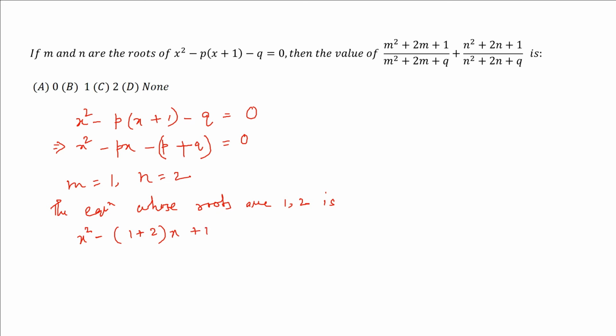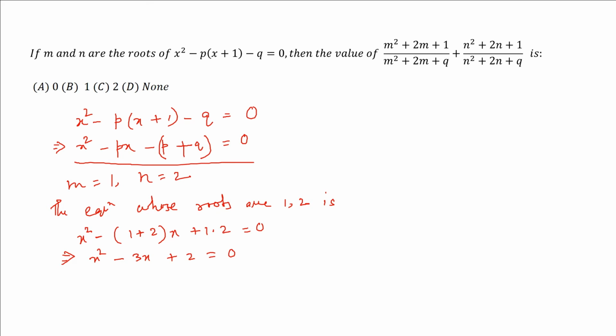You know the rule, x square minus sum of roots into x plus product of roots. So, x square minus 3x plus 2 equal to 0, and this equation and this equation.